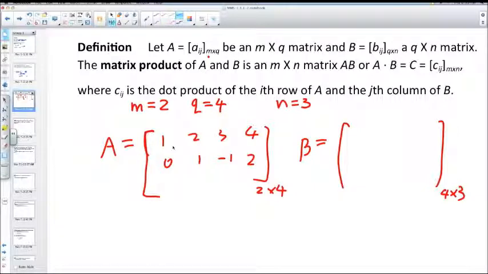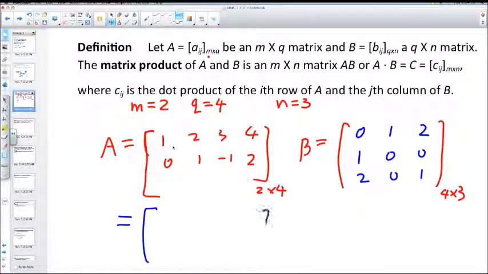So let me randomly give you something else. Let me put a lot of zeros, that makes it easy to multiply. And then your final result is going to be a 2 by 3 matrix.